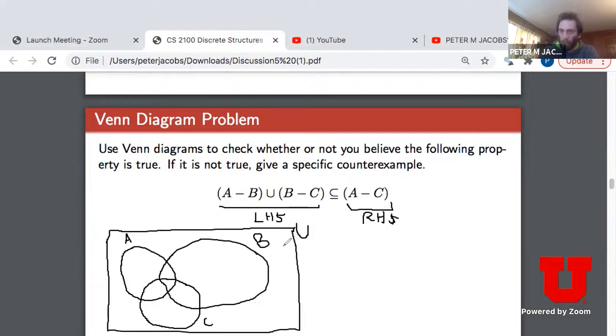For example, the universe might be the real numbers, and these three sets, A, B, and C, might be subsets of the real numbers. Or the universe might be the plane, R2, and then these sets would be subsets of the plane. Anyway, let's start to write out the left-hand side.